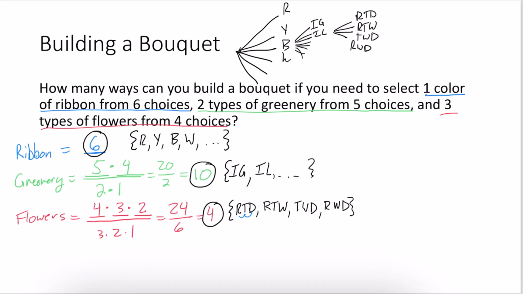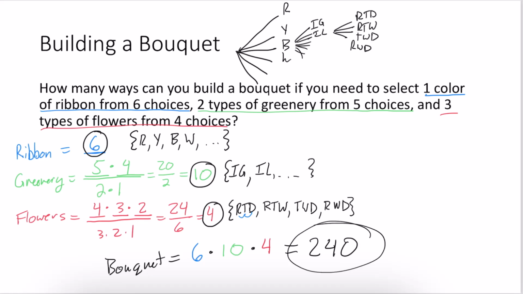And the way that you calculate that for the entire bouquet is you take your 6 options for choosing your ribbon, multiply by your 10 options for choosing your greenery, and your 4 options for choosing your flowers, and that would be your total number of ways you could do your bouquet. So I think that works out to 240 unique ways that you could build a bouquet.